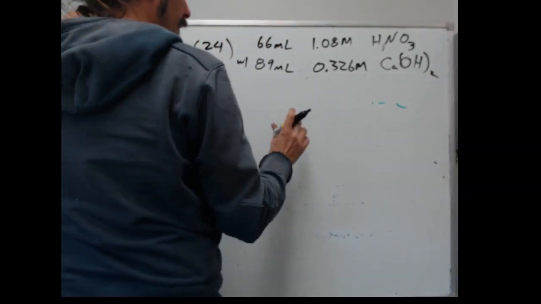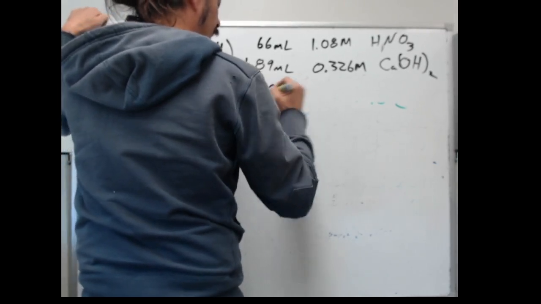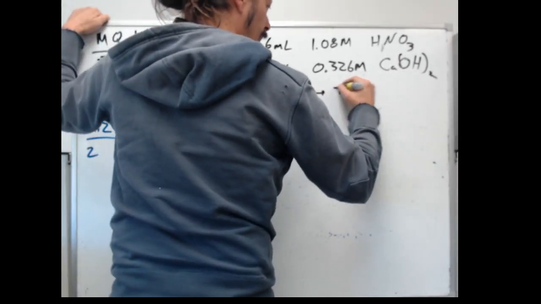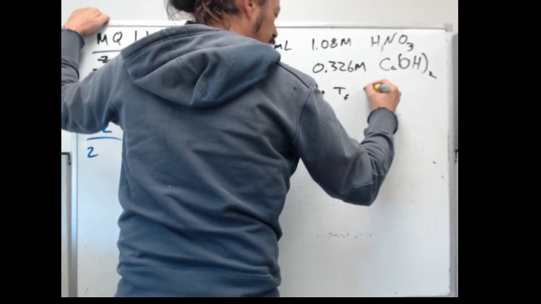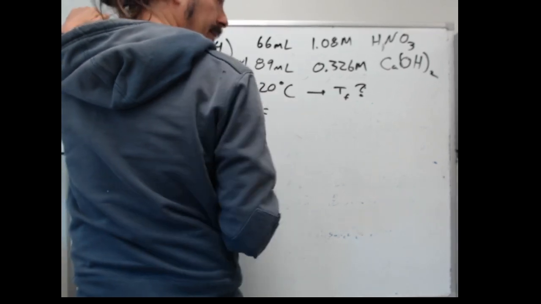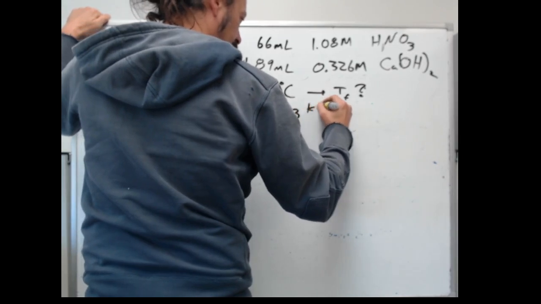Both solutions are initially at 20 degrees Celsius. What is the final temperature? And then it gives the balanced equation with delta H is negative 113 kilojoules per mole.